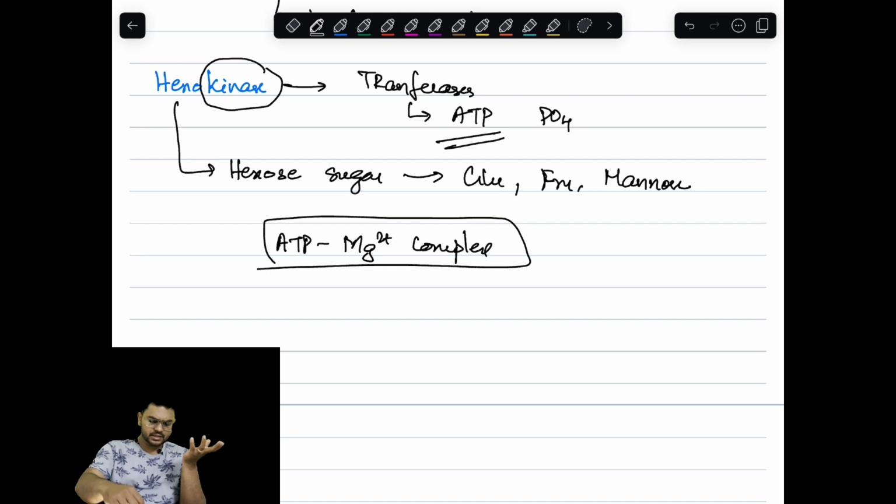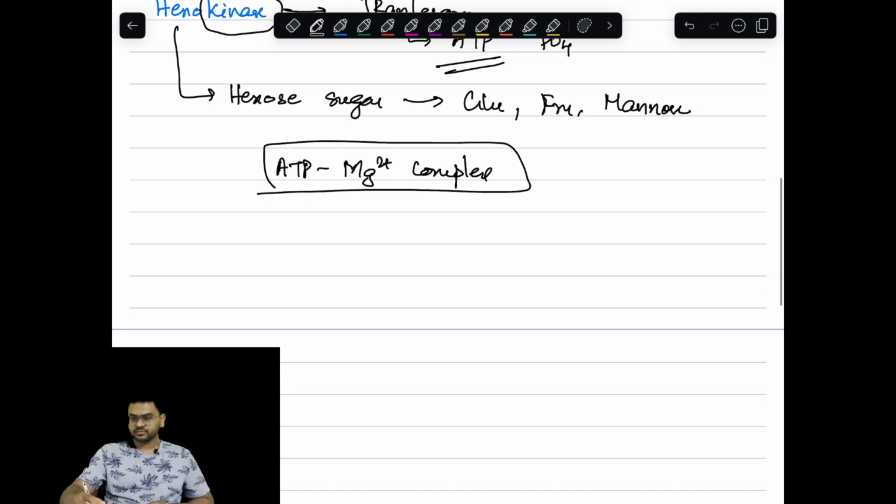This ATP has a lot of negative charges in it, and the magnesium forms a complex with them and diminishes these charges, so that it can transfer the phosphate group and form a bond with the hydroxyl group, the OH group, of carbon 6 of glucose.